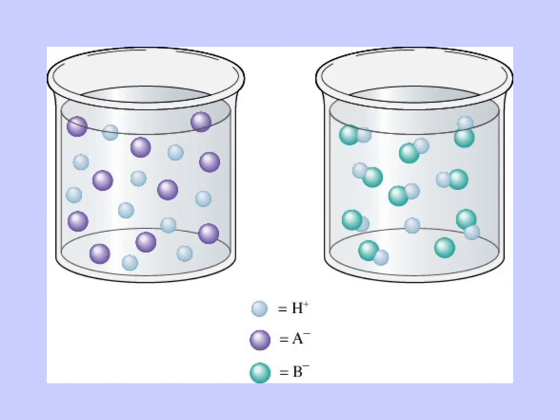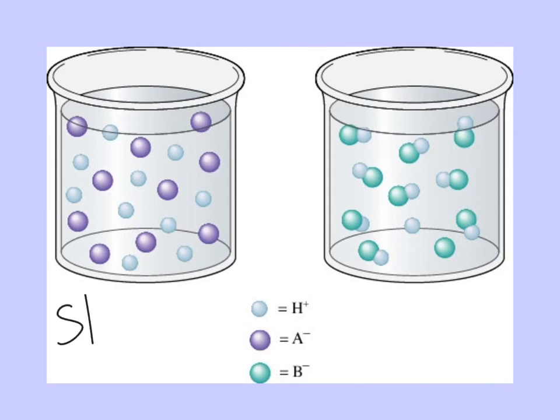On the left you can see all of the ions. Which one would represent a strong acid? Remember, a strong acid completely separates into ions, 100%. So your strong acid would be this one right here.